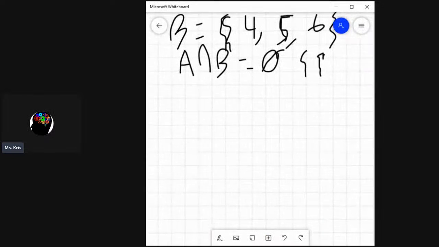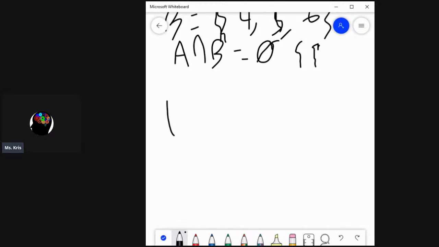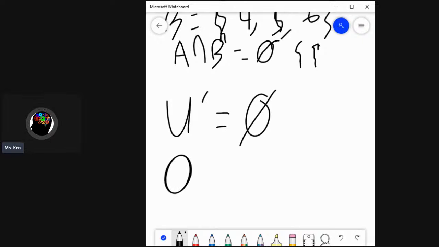Also, a thing to remember is the complement of a universal set is always an empty set. And the complement of an empty set is always the universal set.